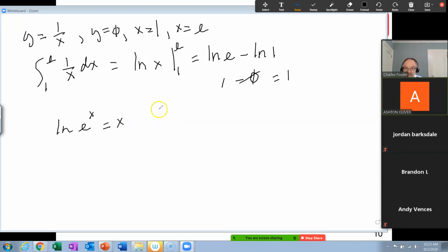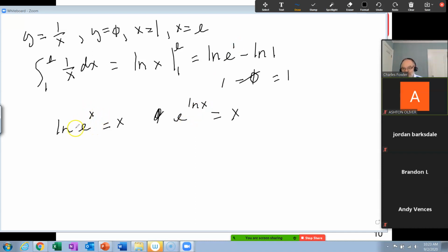And e to the log x, because they're inverse functions of each other, that's going to be x, okay? Because the log function and the exponential function are inverses of each other. Now in our case, the x is 1 because it's log of e to the first power, right? They just didn't write it down because it's a 1, okay?